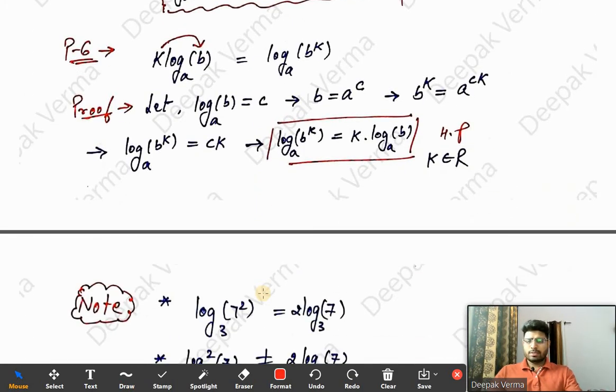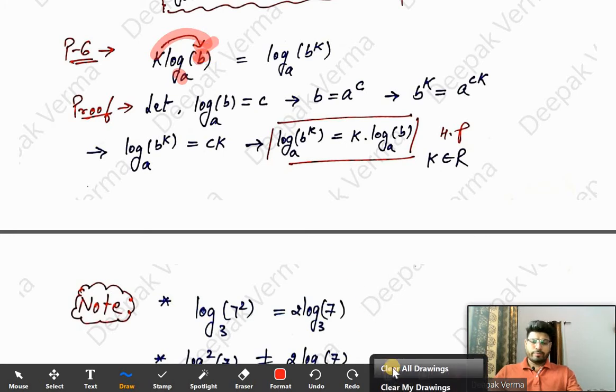Next property, this is property number 6. k into log b to the base a. So k will go here on the power of b. Got it? We can prove it also. Let us check how we can do it.